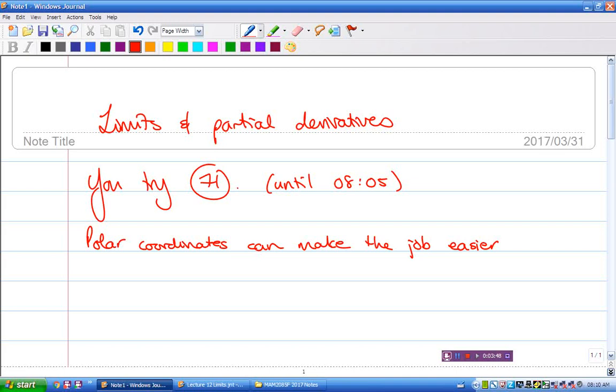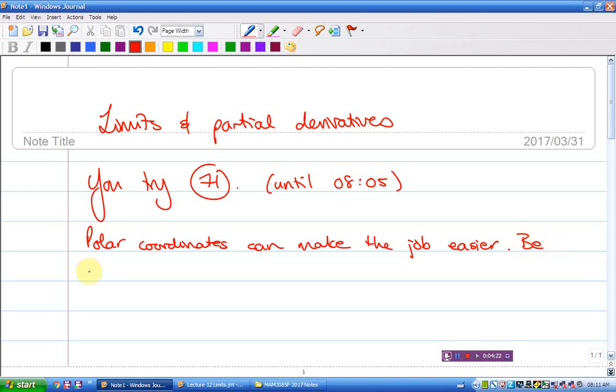But the slippery thing with polar coordinates is that in the case of limits that don't exist, you can sometimes use polar coordinates, and if you're not careful, if you're not paying proper attention to what you're doing, you can think that you prove that the limit does exist when actually it doesn't. So polar coordinates are a little bit slippery that way. You've got to really keep an eye on them, or you can think they're telling you one thing when they're actually telling you something different. Okay, so polar coordinates can make the job easier.